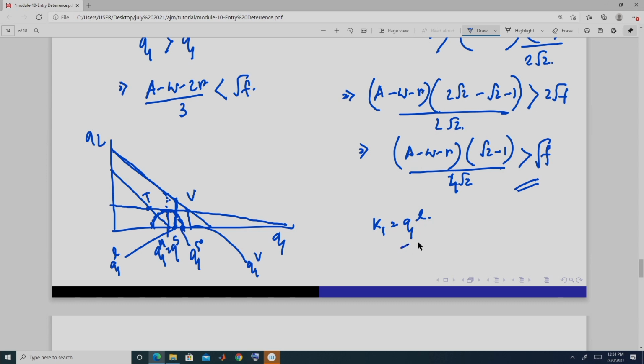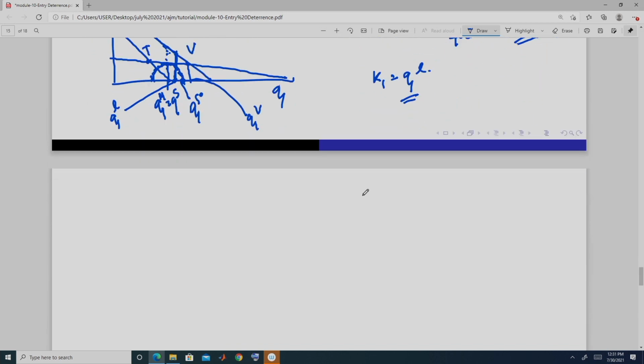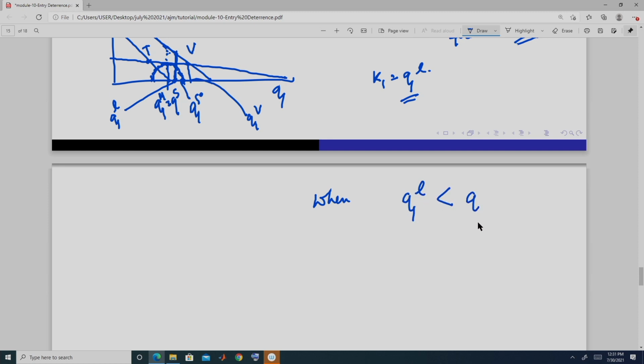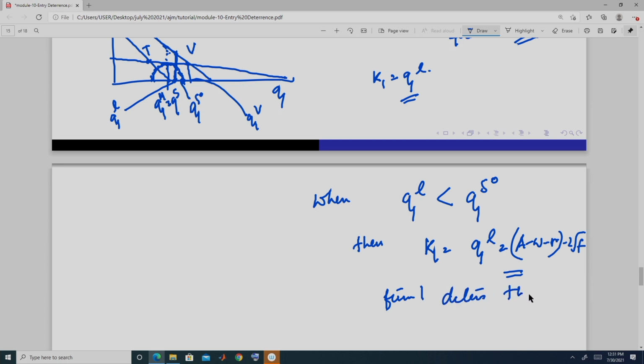So, in this situation, when Q1L is less than Q1S naught, then K1 is actually equal to QL, and firm 1 deters the entry of firm 2.